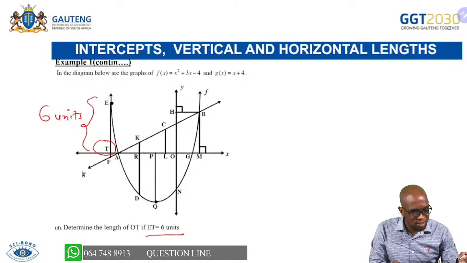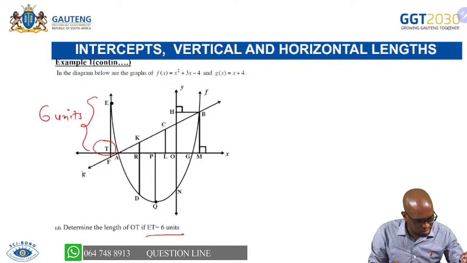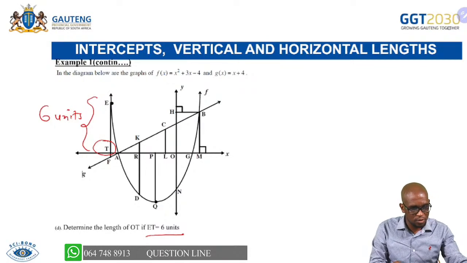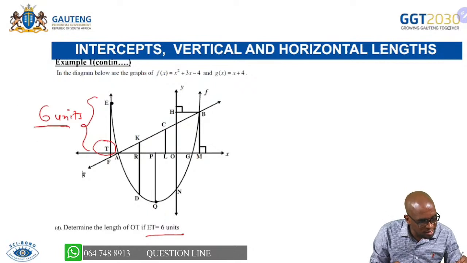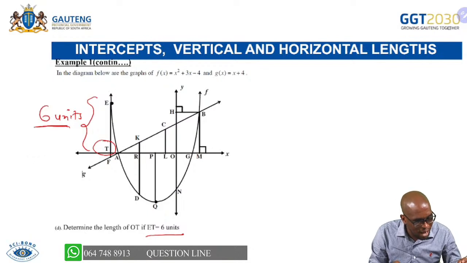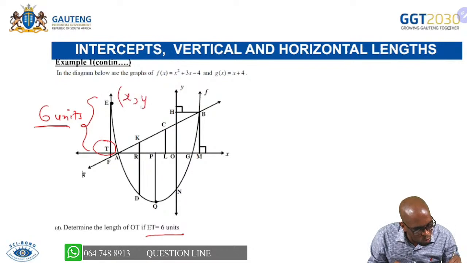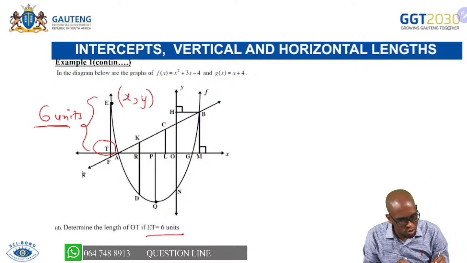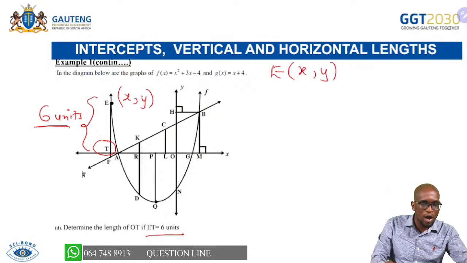And we know that the y value here is given by 6 or -6. So if this length ET is 6 units, it means that y at E would be given by, the coordinate of E is given by x, y.